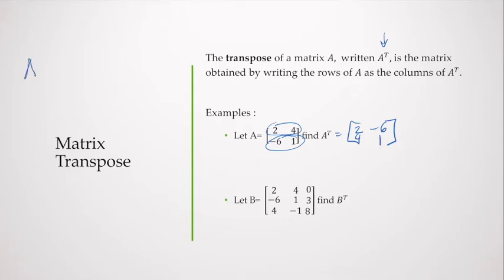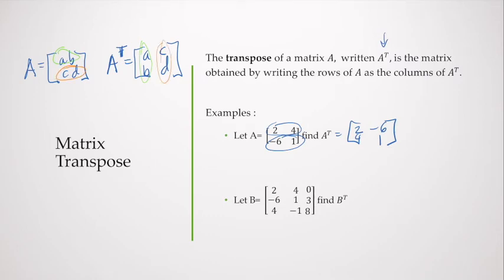If A was [A, B; C, D], A transpose would be [A, C; B, D]. I took my row and rewrote it as my column. I then took my second row and rewrote that as my second column.